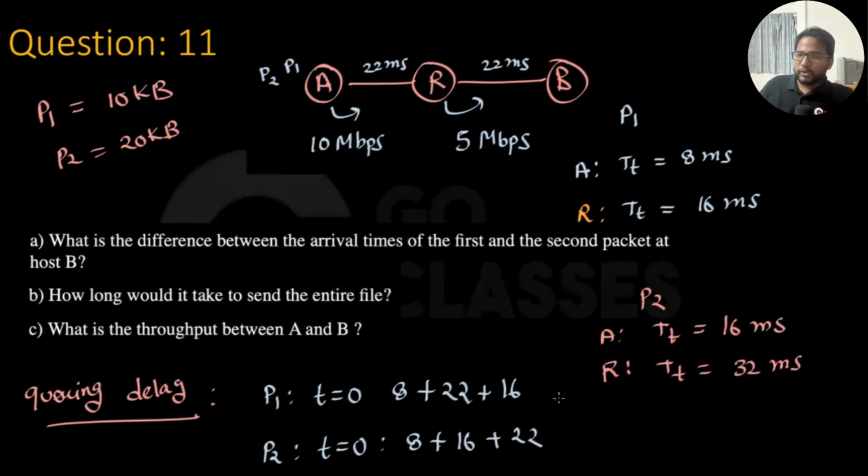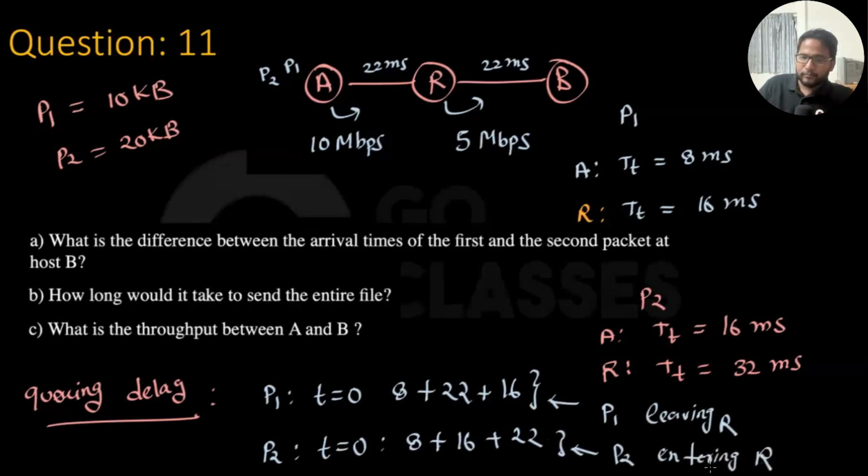So have you understood why there is no queuing delay? P1 leaving R, P2 entering R, right? Okay. Let me know if that is okay to everyone.